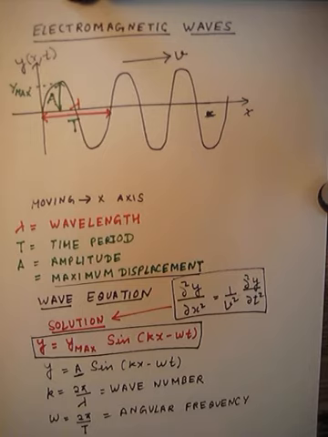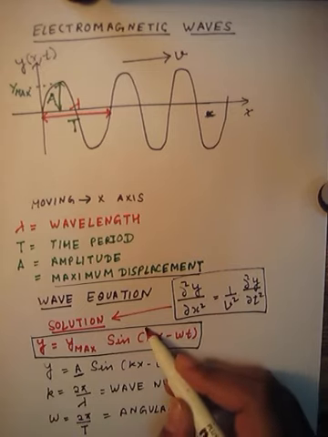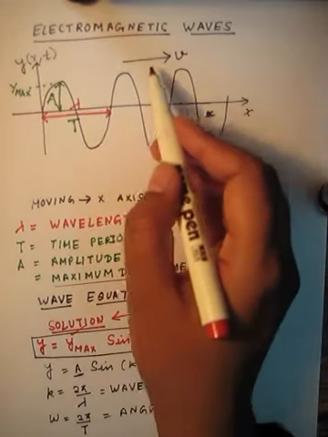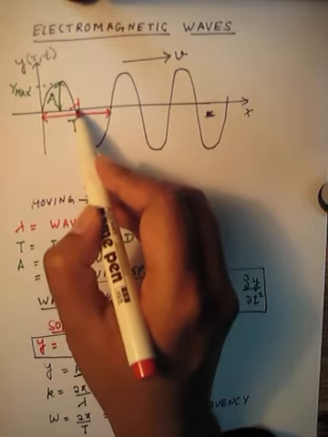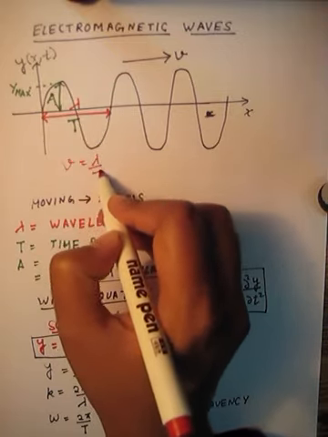And so you can get value of lambda from k, you can get time period from omega, and the amplitude is given by y maximum. Now because this wave is moving with velocity v, so in time T, if the distance is lambda, so v could be written as distance upon time.